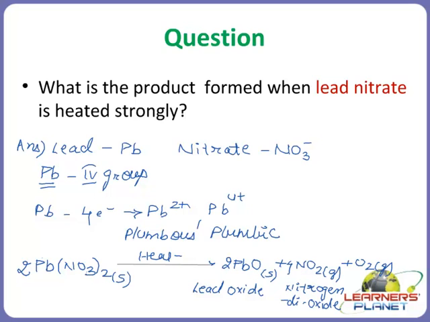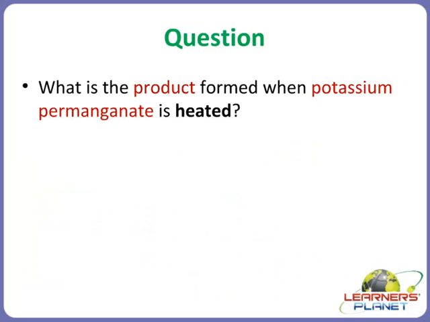So whenever a nitrate is heated, we will get its corresponding oxide, and nitrogen dioxide is evolved. Due to this nitrogen dioxide, a brown colored gas is liberated, as nitrogen dioxide is a brown colored gas.